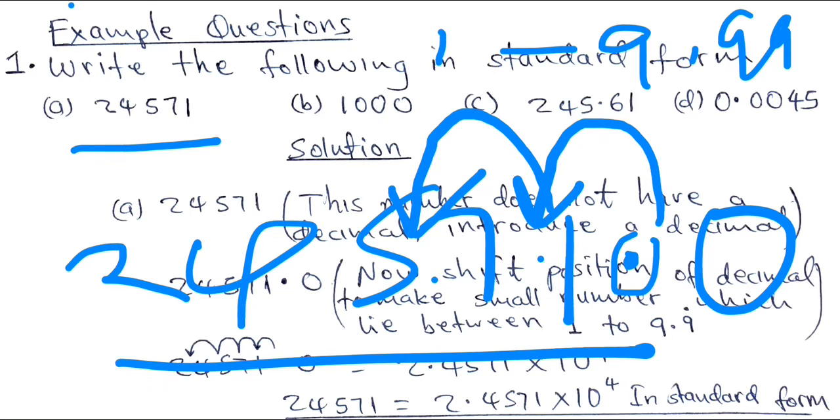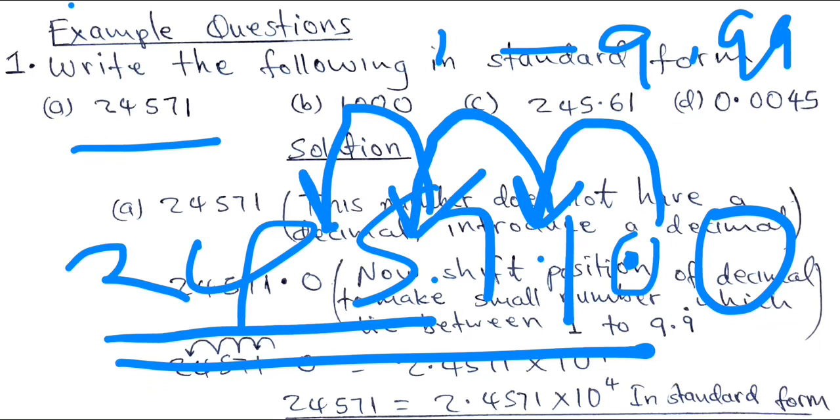Your number will be 245.71. Still this 245 is greater than 10, so we're supposed to shift again. Now my decimal is here. My number now will be 24.571. Still 24 is greater than 10, so you have to shift again from this one up to this one.